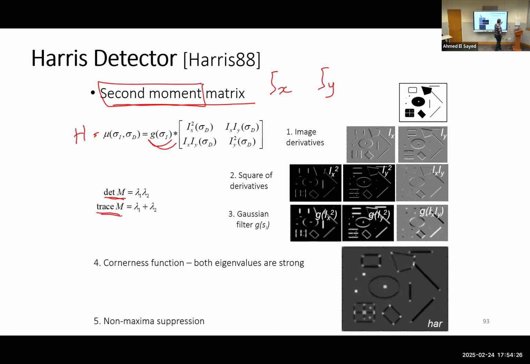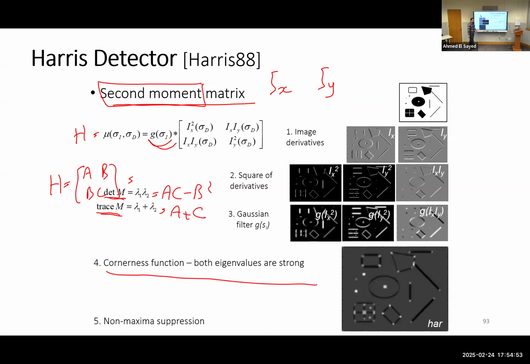I can easily do that by having the determinant be AC minus B squared, and the trace would equal A plus C. Then I will calculate the corner operator using the Harris corner operator or modified Harris or whatever operator we decide.